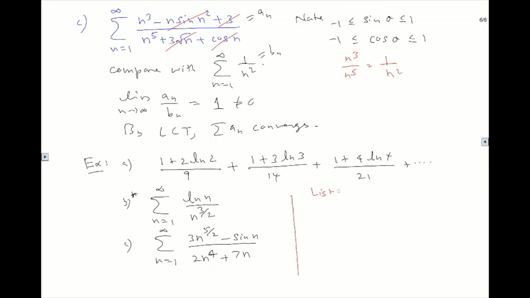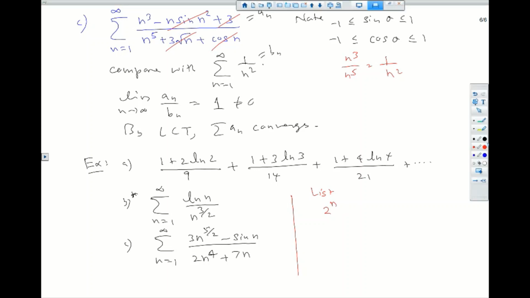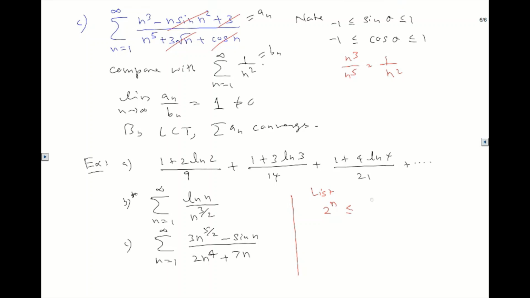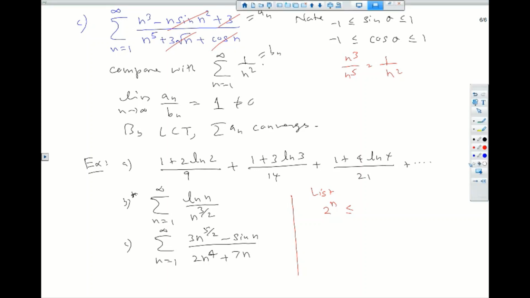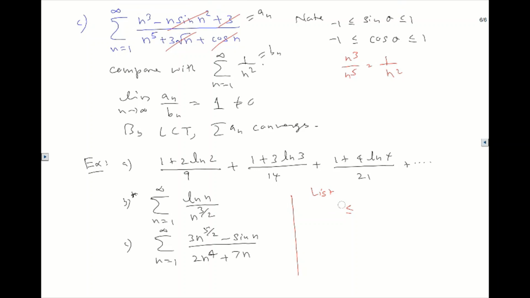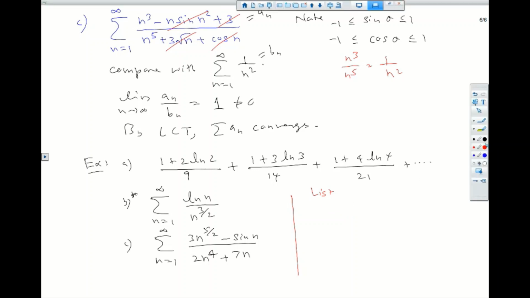We know a few things, for example when we have 2 to the n. Let me write this one as follows.